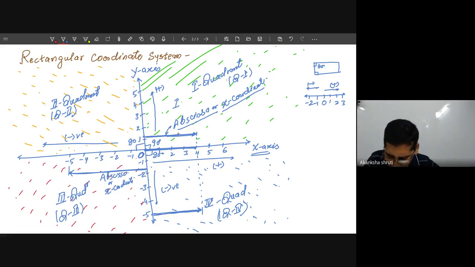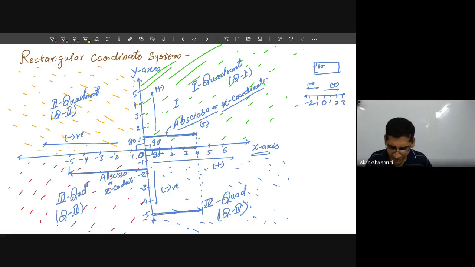This abscissa or x coordinate is positive in the first quadrant, and the same will also be positive in the fourth quadrant, but the x coordinate will be negative in the third quadrant as well as in the second quadrant. So considering this sign, for locating a point, we are considering these abscissa, along the x-axis.